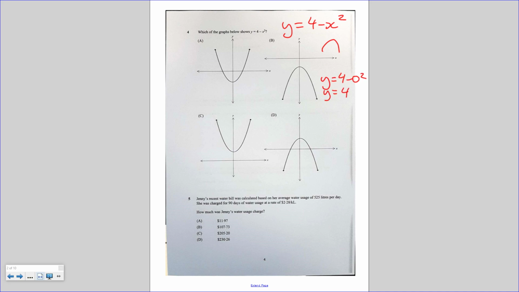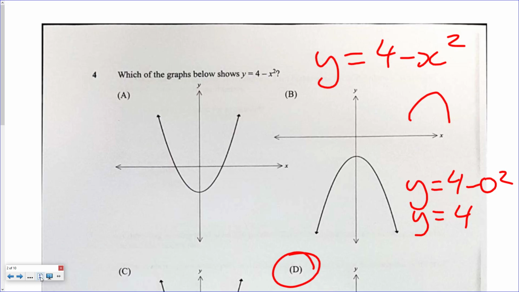So that means it will cut the y-axis at 4, not negative 4. So the answer is D, because we see that it's cutting it at 4 and it's got that concave down shape. It's not B because that's cutting it at negative 4. Alright, so that's kind of just recognizing the shape of the graph.